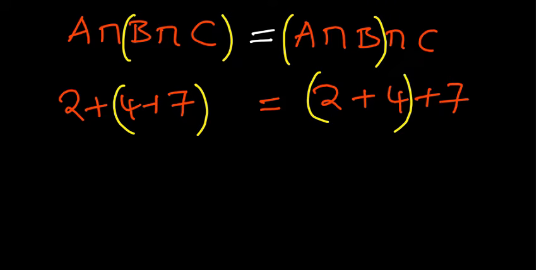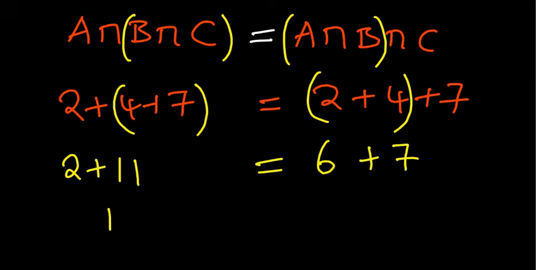In this case, 2 plus 4 is 6, plus 7 is 13. The other side, 4 plus 7 is 11, 11 plus 2 is 13. So you've seen that it doesn't matter what you start with. Remember, BODMAS tells us to start with what is in the brackets. So this is basically the argument that is made by associative laws.